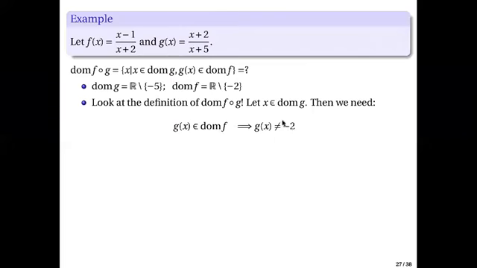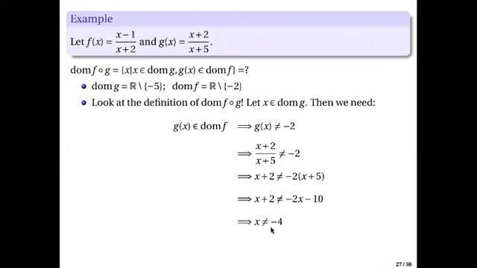Then we solve this. This means that x plus 2 over x plus 5 cannot be -2. And this means if you multiply this to the other side, your x plus 2 cannot be -2 times x plus 5. And then you calculate. It means x plus 2 cannot be -2x minus 10.